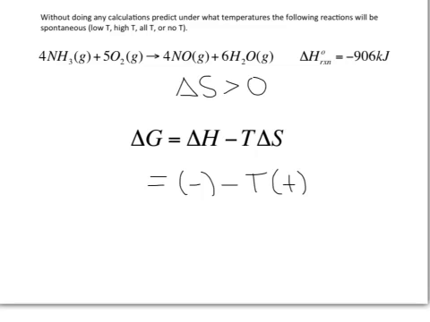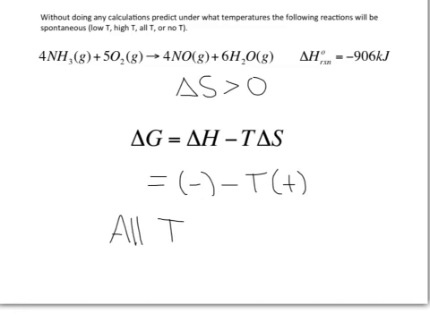To consider high temperatures, I want to pick an arbitrarily high temperature. The easiest one to pick is infinity. So at infinite temperature, that means the only term that we have to consider is the entropy term, the minus T times delta S. Because in this case, delta S is positive, negative T times a positive number is going to be negative. So this reaction is also spontaneous at high temperatures. So it's spontaneous at low temperatures, it's spontaneous at high temperatures. So this reaction is spontaneous at all temperatures.